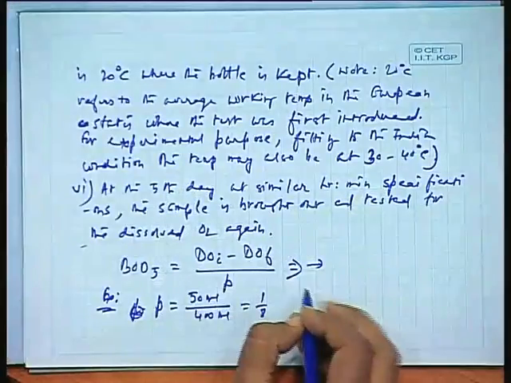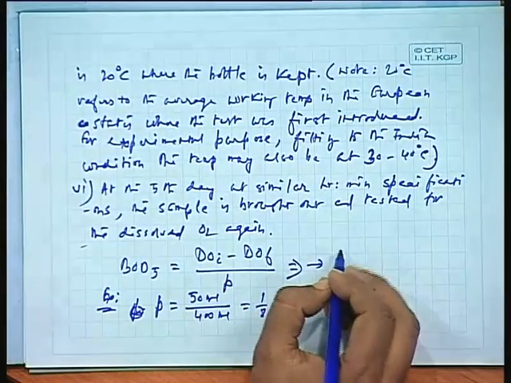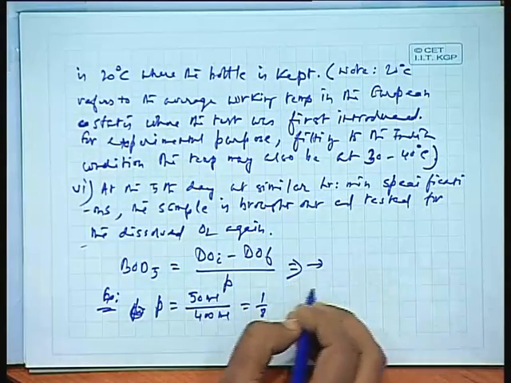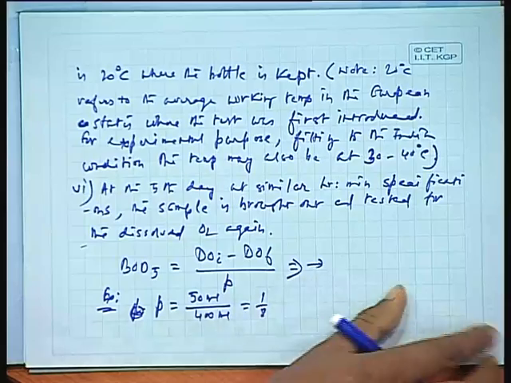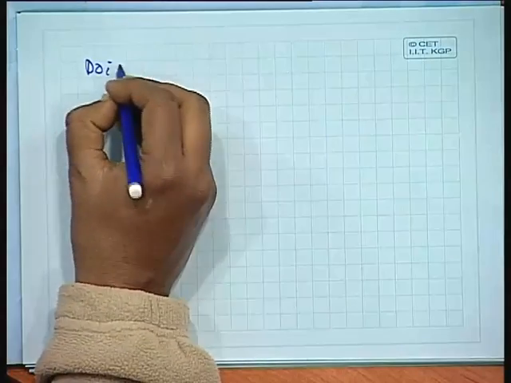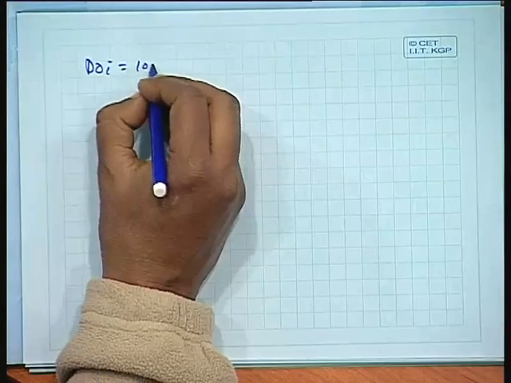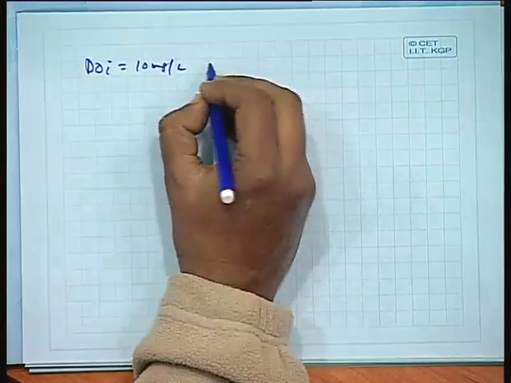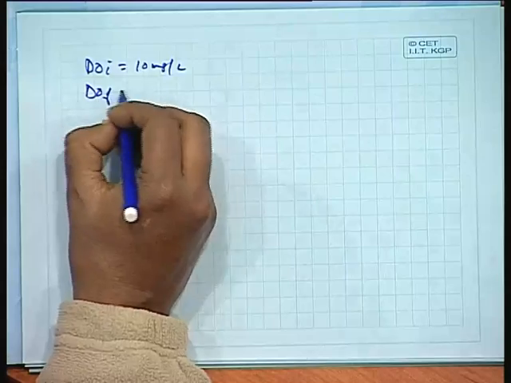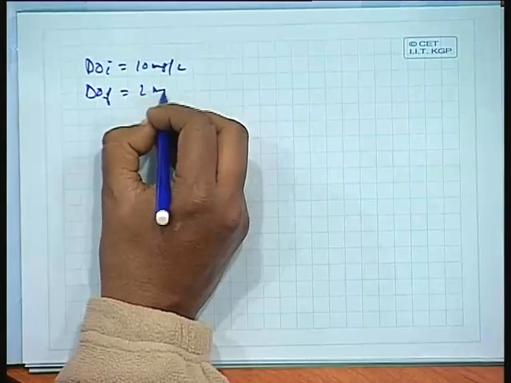For example, suppose we find DOI as 10 milligram per liter and DOF as 2 milligram per liter.